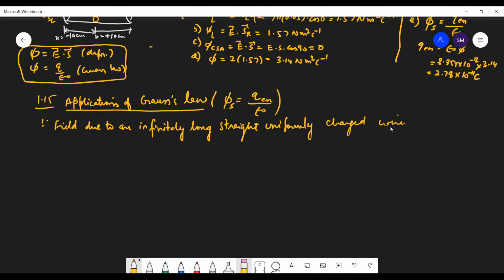So here I have an infinitely long... Students, this is on page number 37 in your NCERT. Please open your NCERT books.